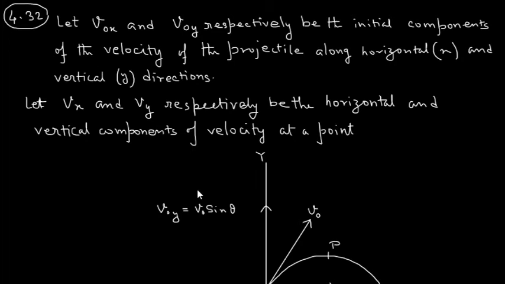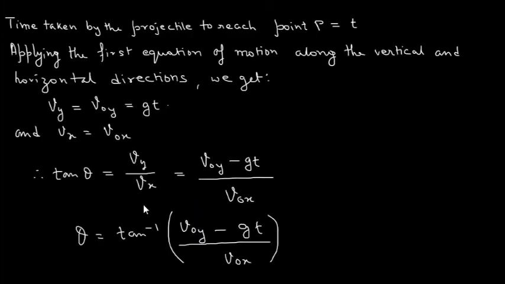4.32. Let V0x and V0y respectively be the initial components of velocity of the projectile along the horizontal x and vertical y direction. Let Vx and Vy respectively be the horizontal and the vertical component of the velocity at a point. Time taken by the projectile to reach point P is equal to t.